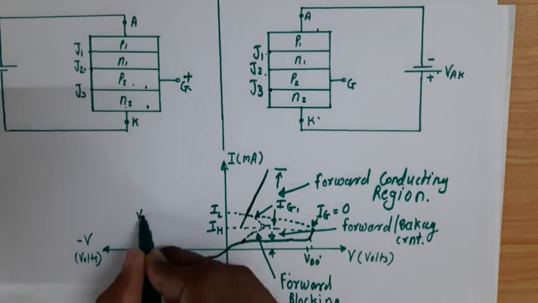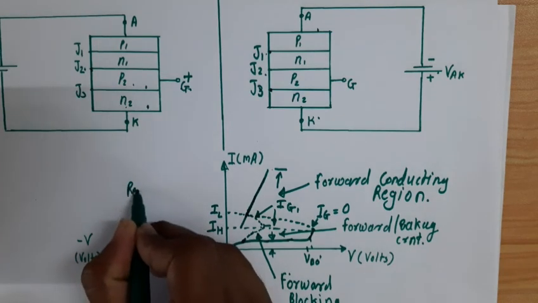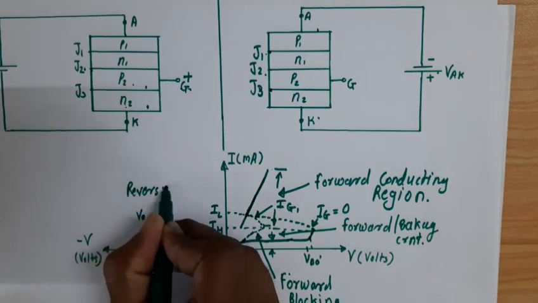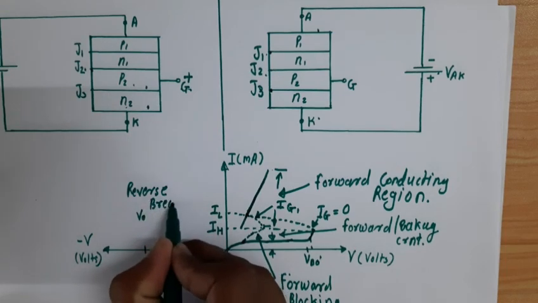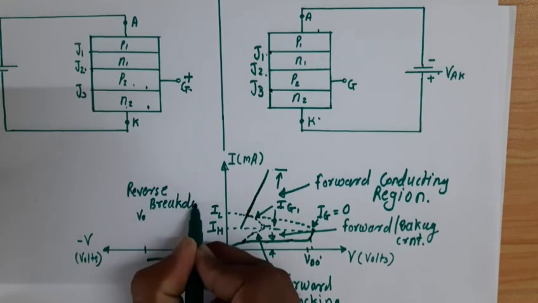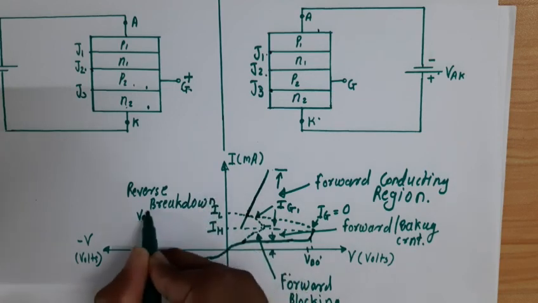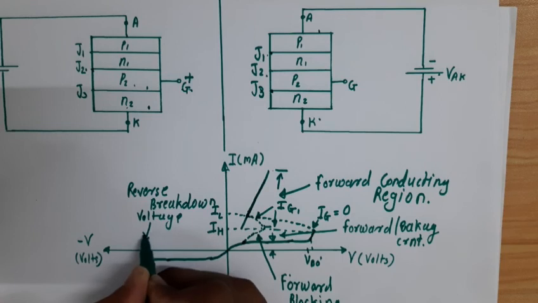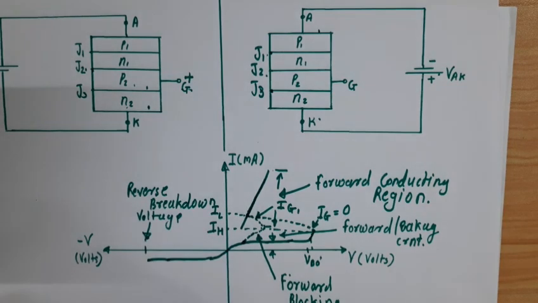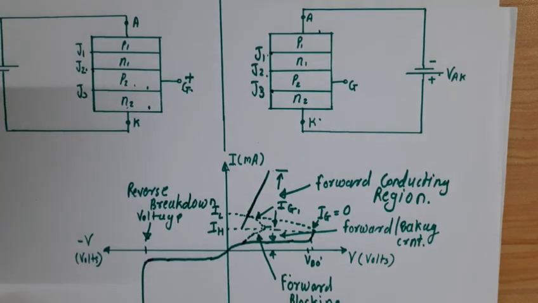This is reverse breakdown voltage. Due to this, a large current starts flowing through the device.